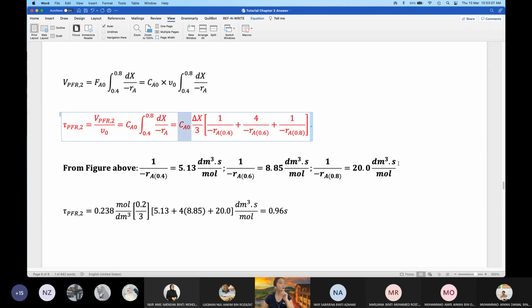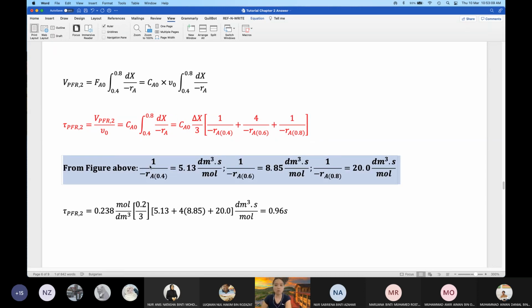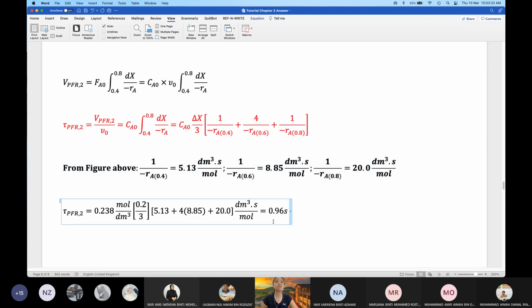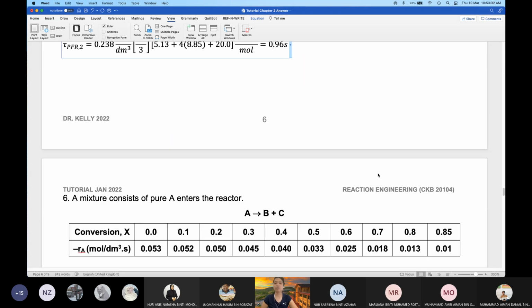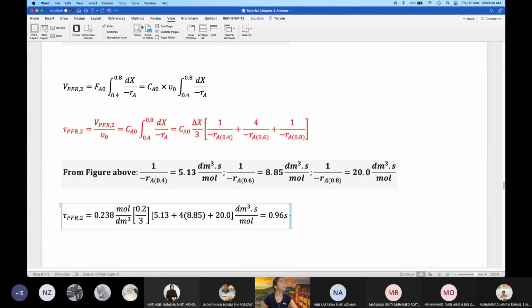Look from the plot carefully to get 1 per minus RA, then multiply directly for the answer. Don't forget to multiply correctly, and you get the space time for the second reactor as 0.96 second. That's the space time for your second PFR. Okay, so done for this question.